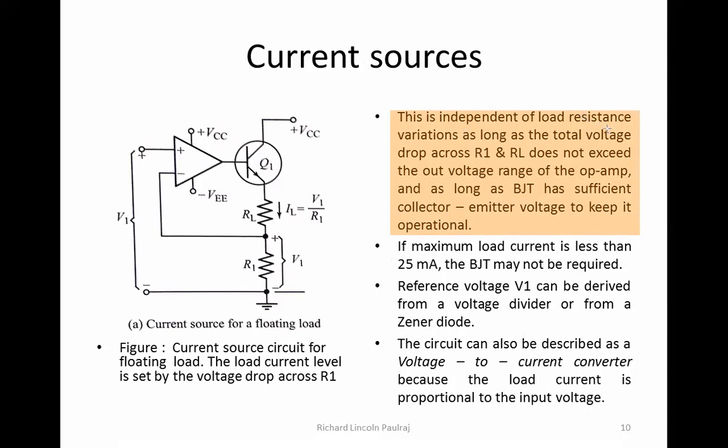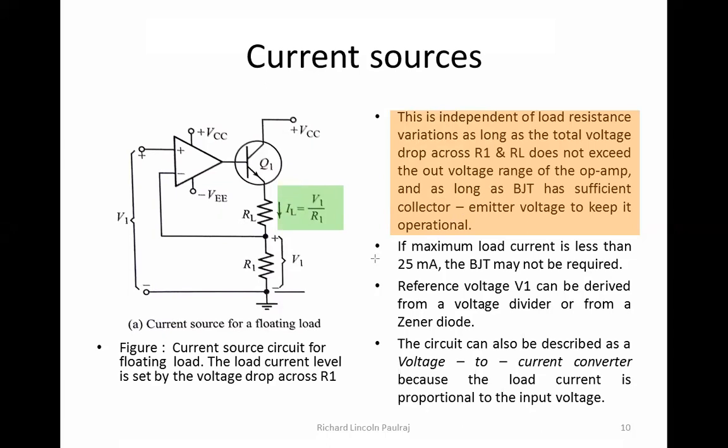So this is independent of the load resistance variation. If there is any change in my load resistance, it's not going to hamper. You can see that this IL is dependent on resistor R1.